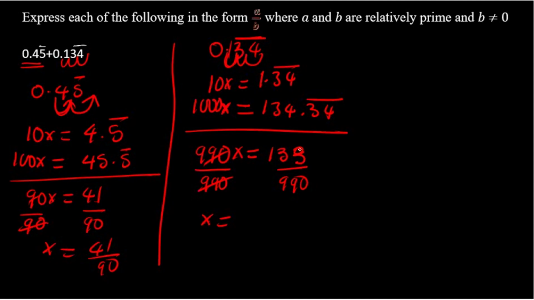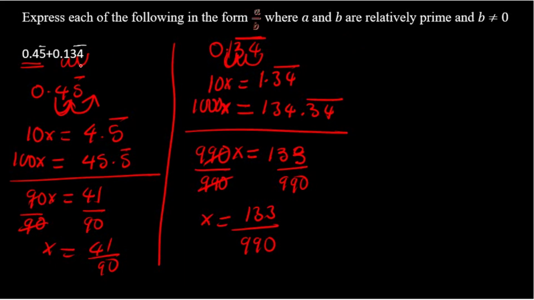So our x, do we have any number that can enter into both? Can 3 enter into both? Seems like there is no number that can enter into both, so you just leave it like that.